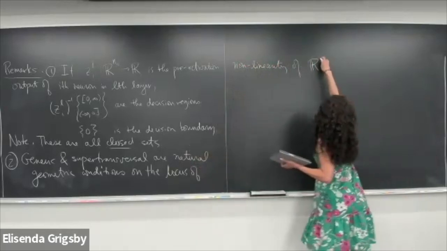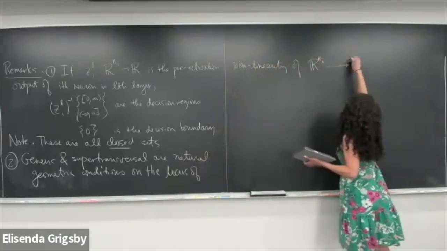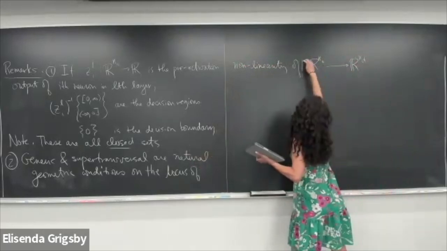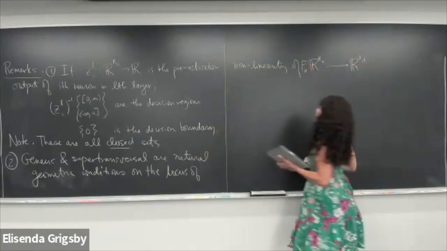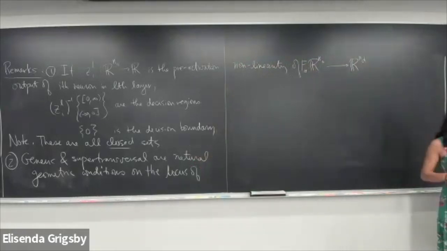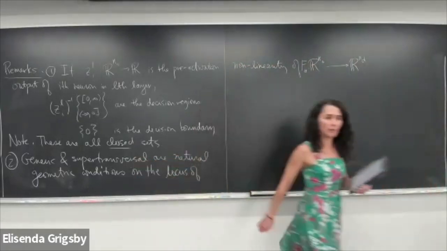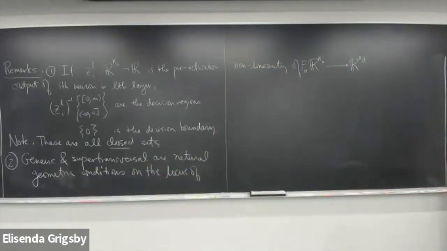We have this overall finite piecewise linear map from the domain to the codomain of this ReLU neural network function. And I'm going to get clear with you about what these conditions mean. But for now, just think of them as natural geometric conditions.